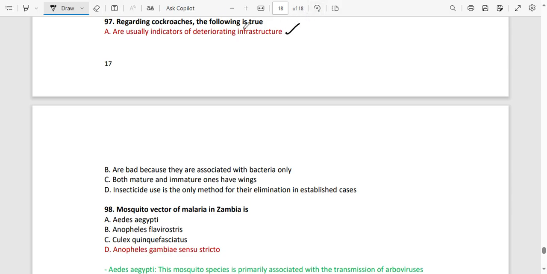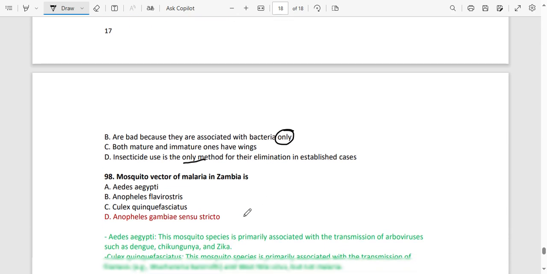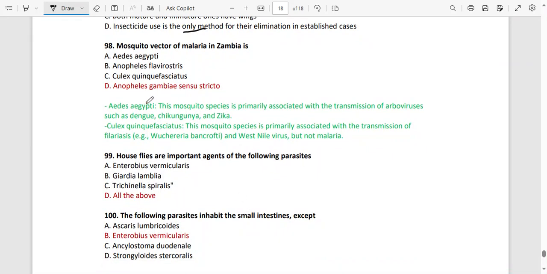So where there is deteriorating infrastructure, you're going to see cockroaches. Even the word "only," when you see it normally, is wrong. Both mature and immature ones have wings? The immature ones don't have wings. Insecticide use is the only way of eliminating? How about beating them? Can't you kill them?